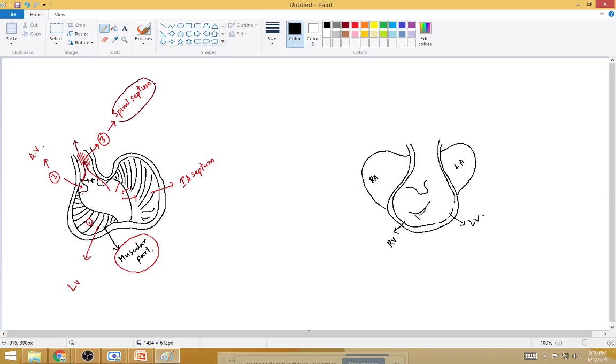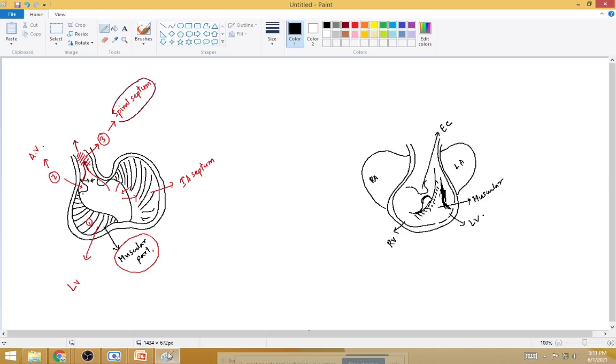This is the muscular part of the interventricular septum. From here comes the inferior endocardial cushion. So this is the muscular septum, and these are the endocardial cushions. Is this picture okay now?